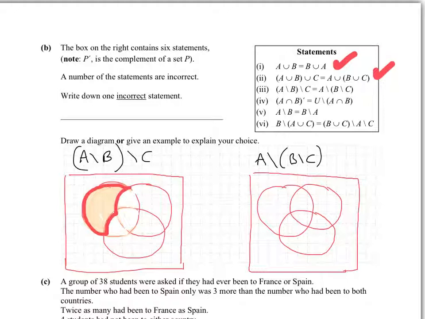For the right hand side, let's just look at the thing in the brackets. So B less C, so what's in B but not in C? Well, it's this section here, it's B less C, and what we're being asked is we've got A less that section.